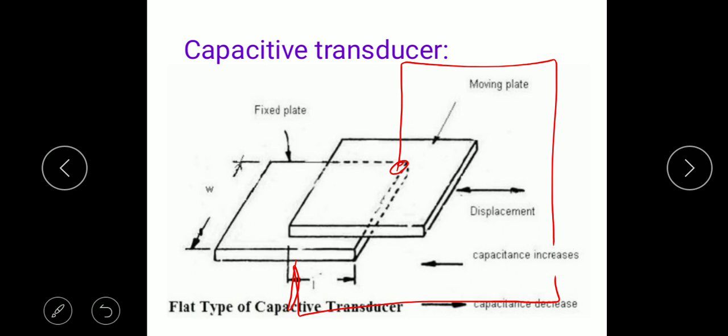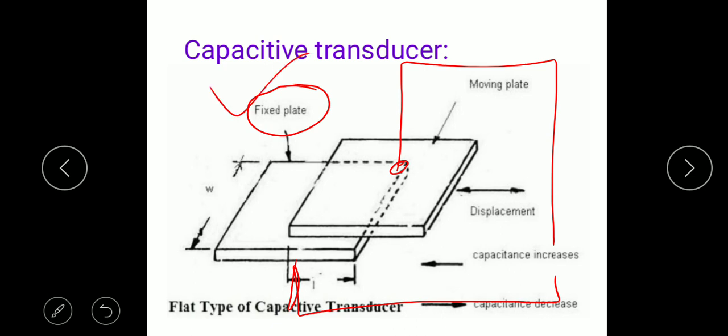In this case, we are considering one moving plate and one fixed plate, but in the water level capacitive transducer, both plates are fixed. So if both plates are fixed, that is related to water level measurement.